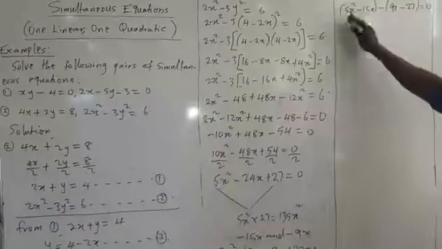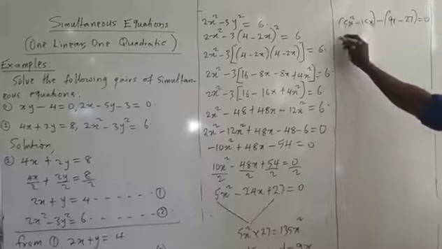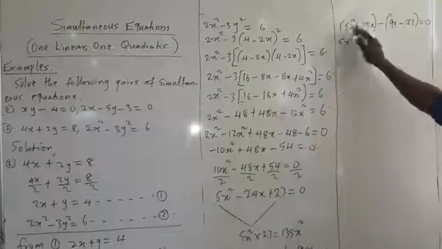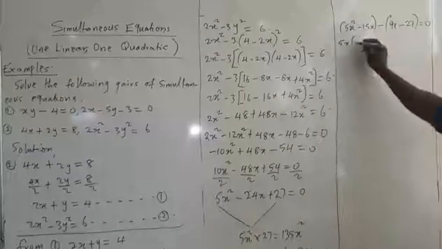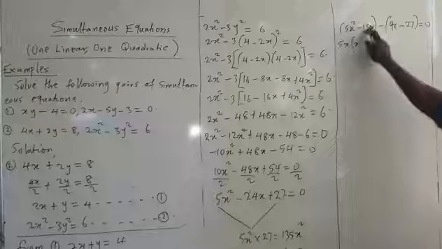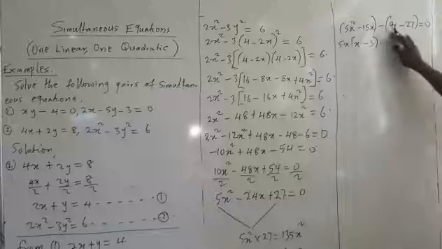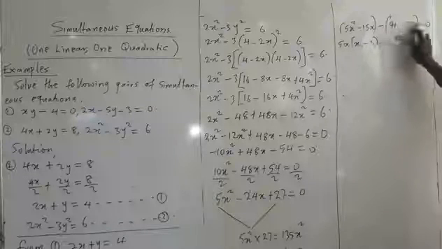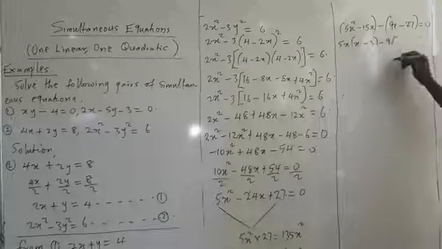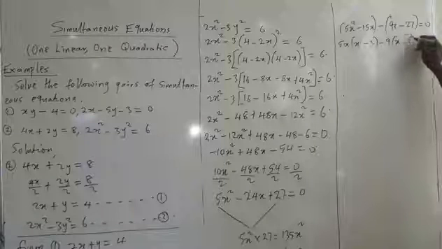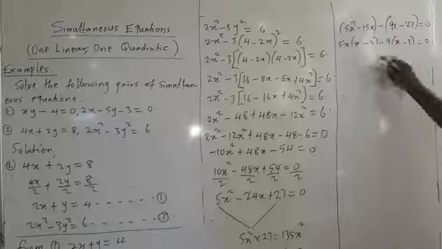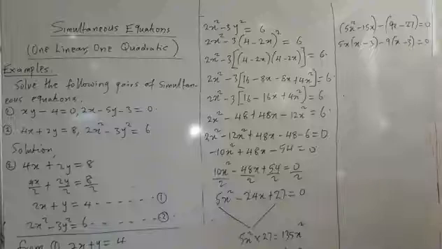The common factor here is 5x. So 5x is common in 5x squared and 15x, we are left with x minus 3. And minus 9x and minus 27, the common factor is 9, so we are left with x minus 3. So you can see we have the same value inside the bracket.